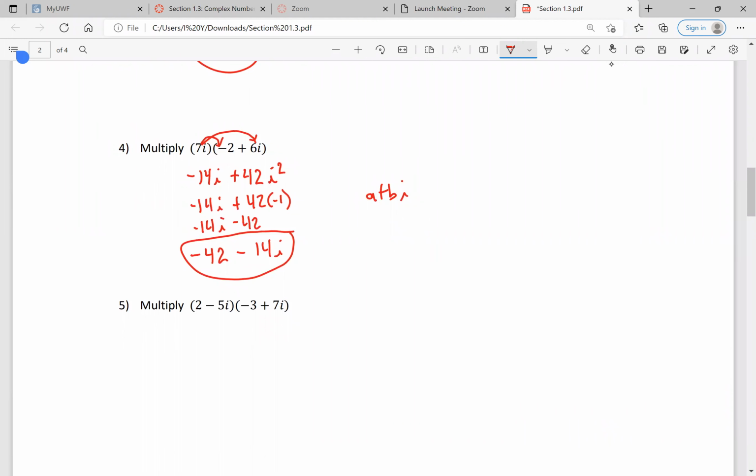Okay, again, multiplication. We go back to good old FOIL: first, outer, inner, last, in case you forgot. So we take the first times the first. 2 times -3 gives me -6.